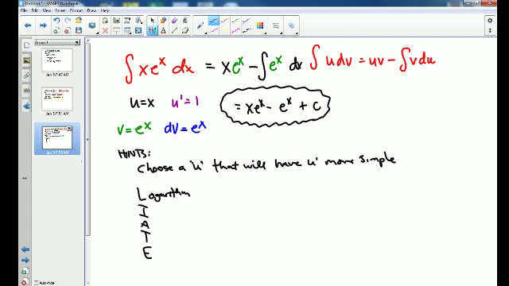The second one you would want to go to would be inverse trig, like sine inverse x. If there's a sine inverse x in here, you probably want to choose that, because the derivative of sine inverse becomes an algebraic function. The next one will be algebraic, which we've been working with. x, that's an algebraic function.